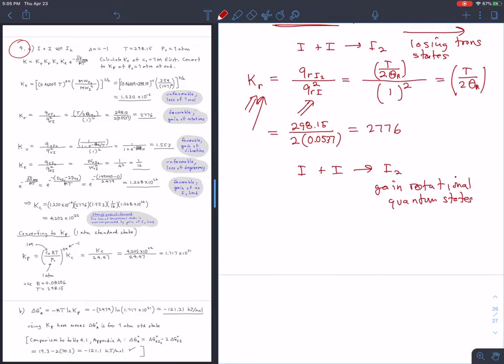All right, the next one is the vibrations, Kv. That's equal to Q vibrational for I2 over Q vibrational for the 2 iodine atoms squared. But there are no vibrations, so those are 1s again. And so I'm just going to treat that as 1 right away.